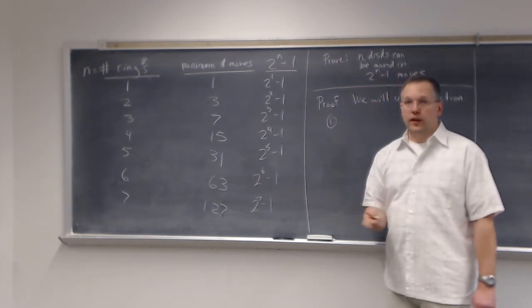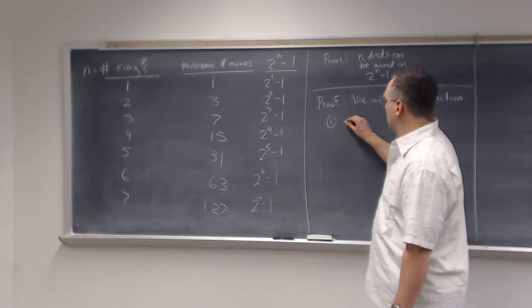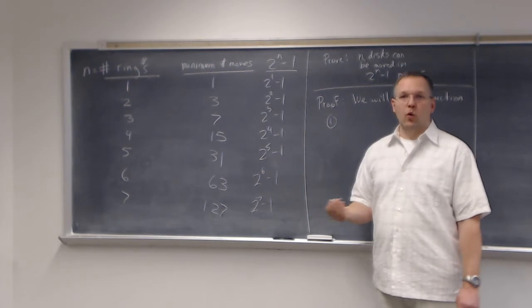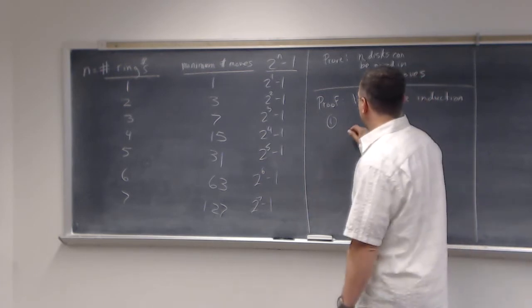Basis step. We need to prove that this statement is true when n is 1. Well, it is obvious that one disk can be moved to another peg in 1 move, right?